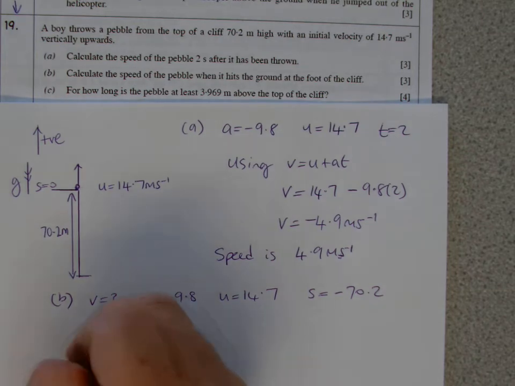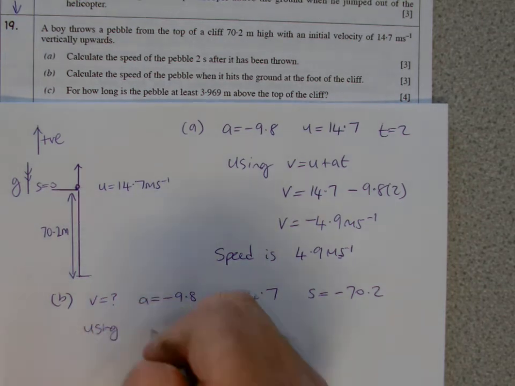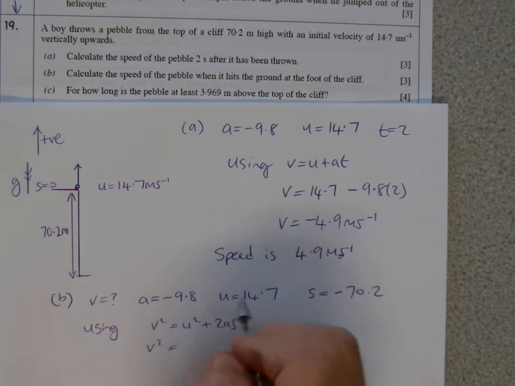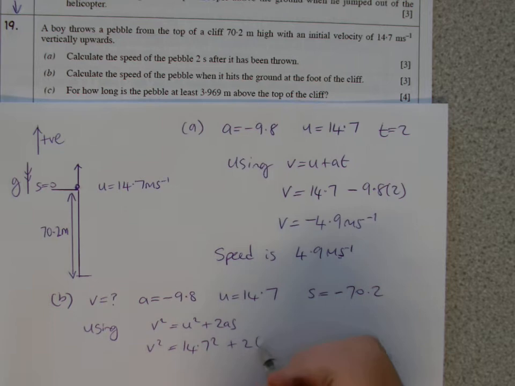Then, in this case, if we use v squared equals u squared plus 2as, we can work out what v is going to be. So u squared, that'll be 14.7 squared, plus 2 times a, which is minus 9.8, times s, which is minus 70.2.